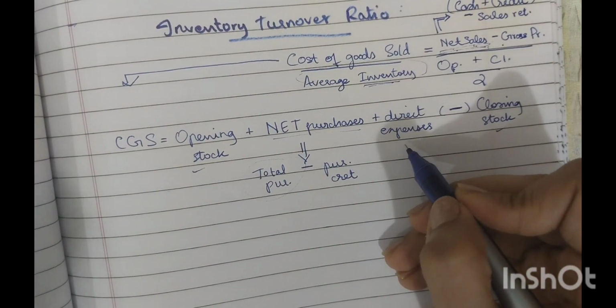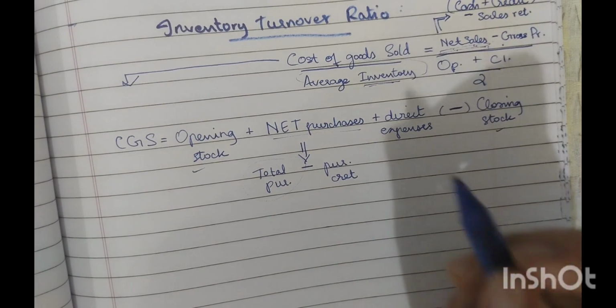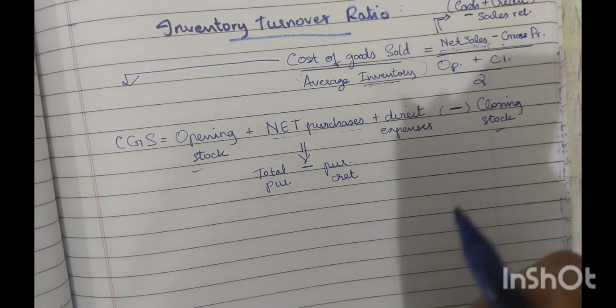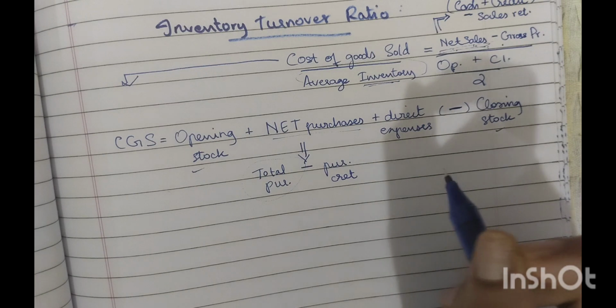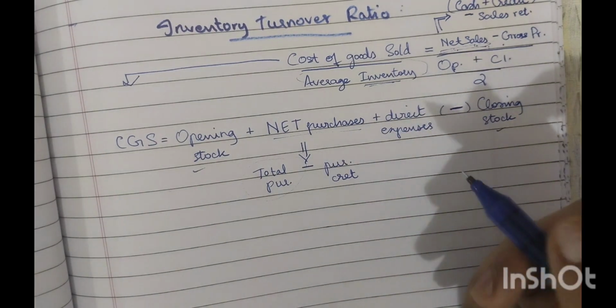And then direct expenses. Now direct expenses are those expenses that are directly used or connected with the manufacturing of goods.